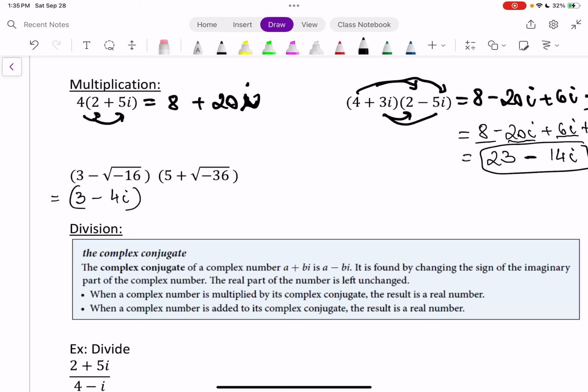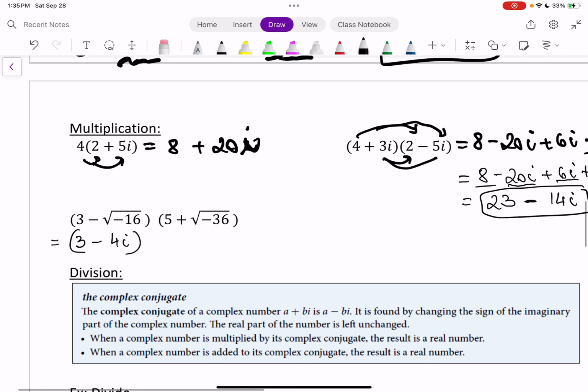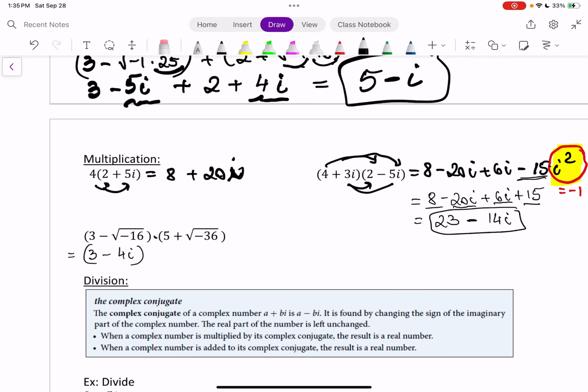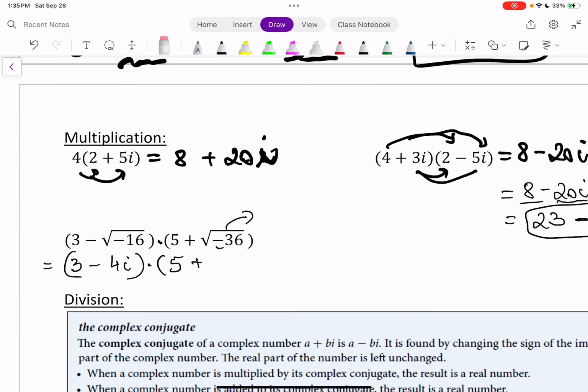So the square root of negative 16 is the positive 4i that we simplified several times. This has to be multiplied by 5 plus, again, the square root of negative 36. The negative 1 comes out as an i, and the square root of 36, put in your calculator, has a value of 6. So that's 6i.